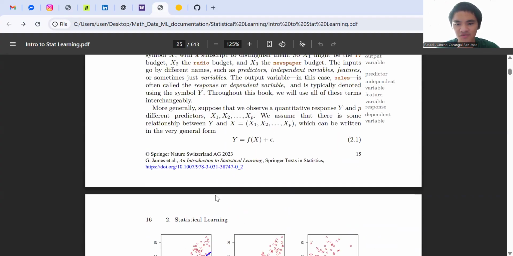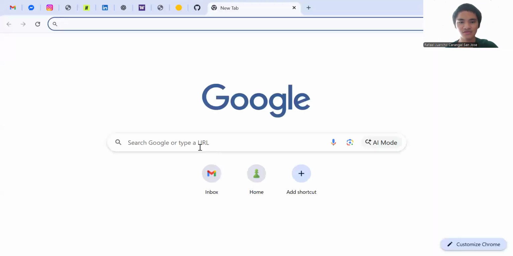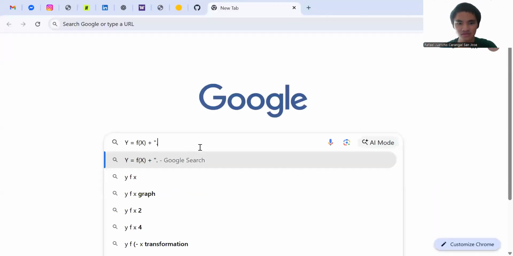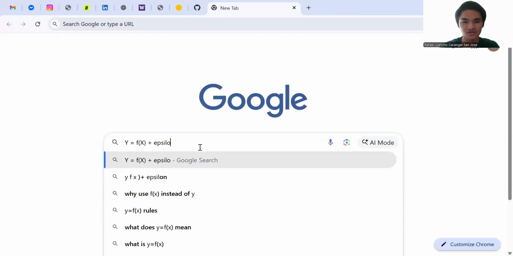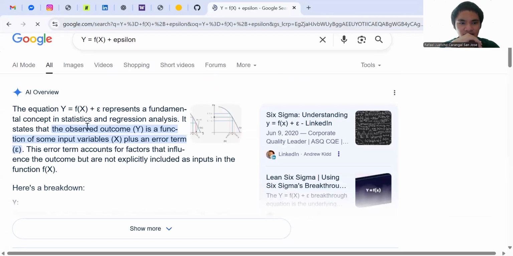So that's the general form, right? Y equals some function where we plug in these predictors plus some epsilon. I'm just gonna assume that's noise, right? Actually, you know what? There's this thing called Google. Epsilon, what does that mean? Regression analysis.